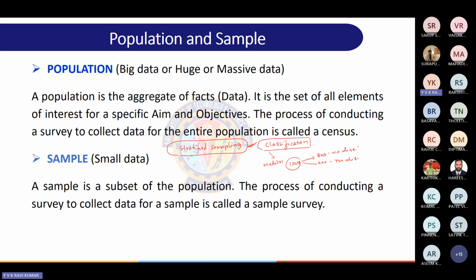Do you think random sampling is good with respect to this? No, I hope, right? In general, medical records will be like this, or vice versa, 800 with yes disease, 200 with no disease. Suppose if we go with random sampling, what happens?